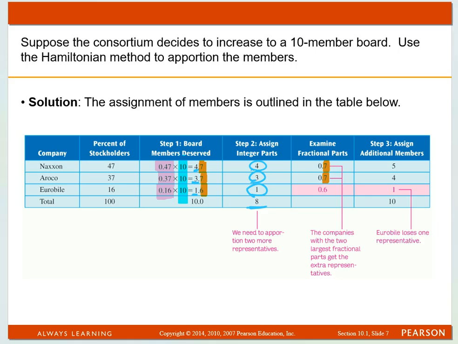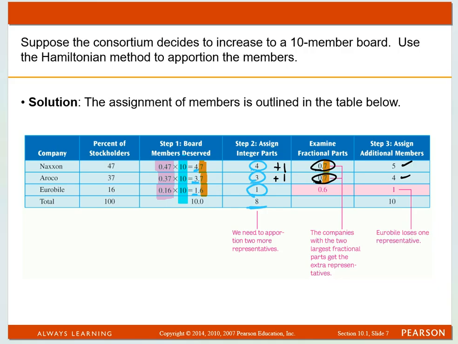So you're going to add 1 here because of the 0.7, and this one gets an extra 1 because of the 0.7. So now Naxum gets 5, Aerocoast gets 4, but Eurobile loses 1. Remember when it was 9, they were given the extra seats.